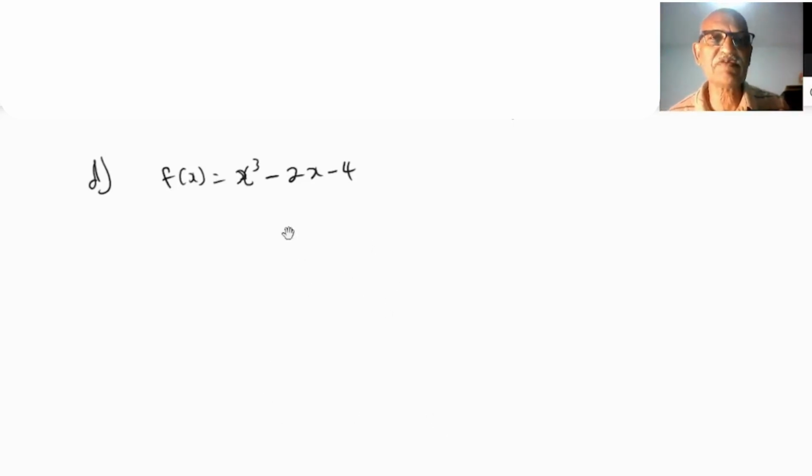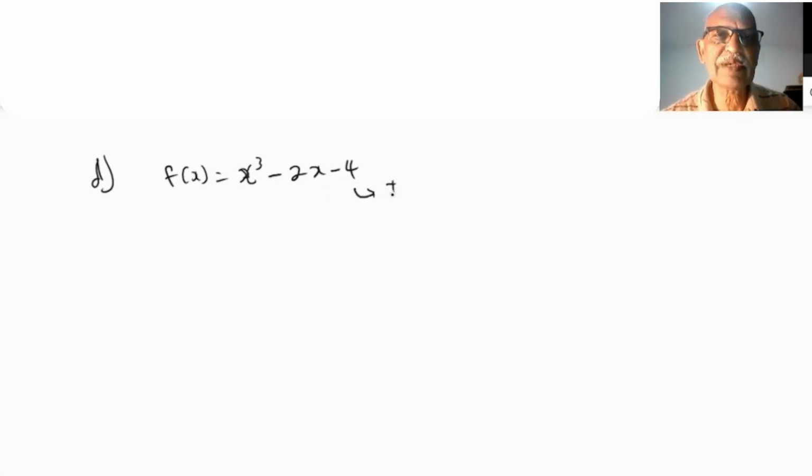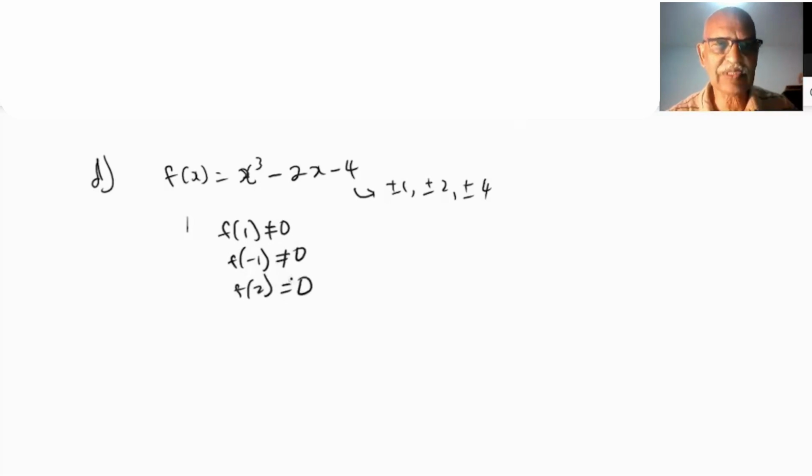The factors of 4 will be plus minus 1, plus minus 2, plus minus 4. I try f of 1, it is not equal to 0. I try f of negative 1, it is not equal to 0. I try f of 2, which is equal to 0. Therefore, x minus 2 is a factor.